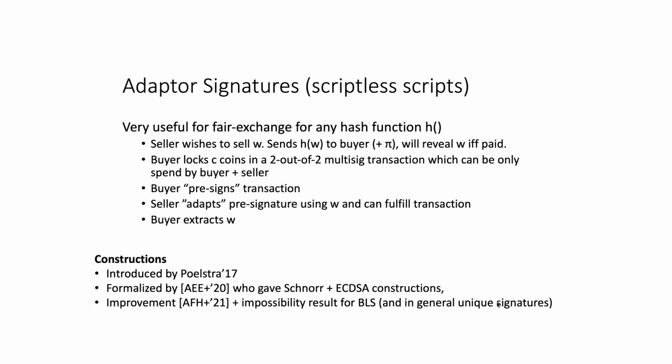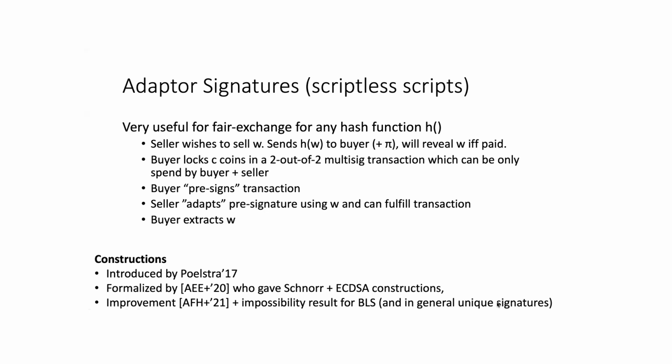Note that this fair exchange on a cryptocurrency like Bitcoin is also possible without these signatures, but then you're stuck to the particular hash functions supported by the underlying system, while doing it at the signature level might give you a little bit more flexibility.